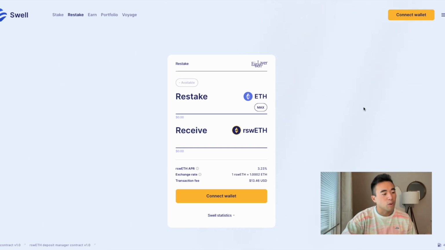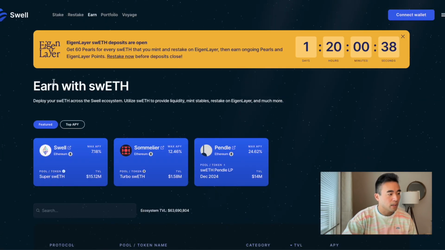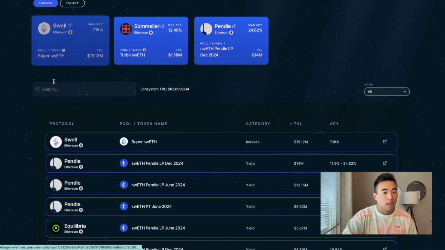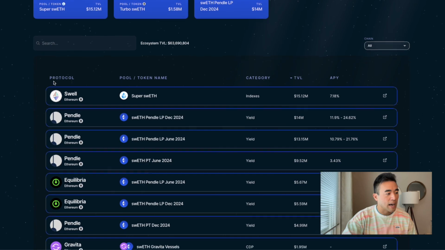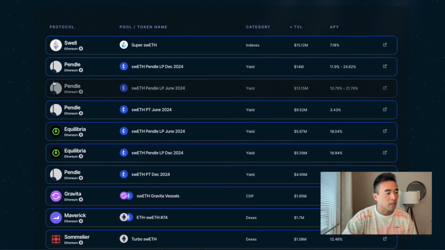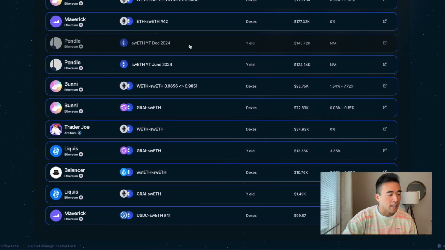So what can you do with your RSWETH? Well, let's see how we can earn more. So what's interesting here is you'll see that there's a lot of protocols to earn additional yield with your SWETH, but I don't actually see any for RSWETH.